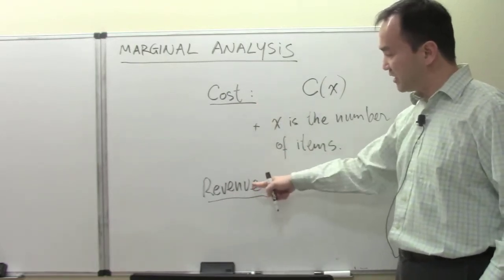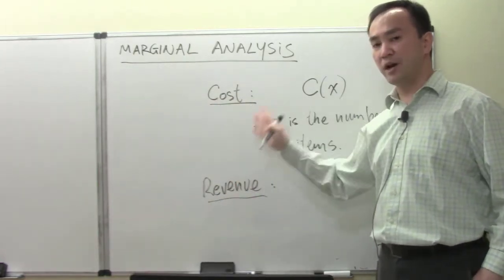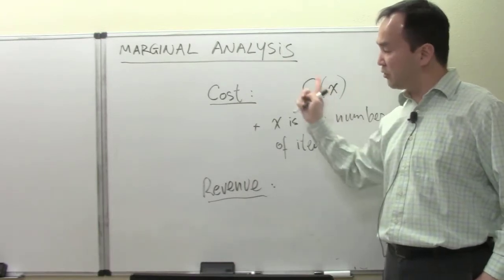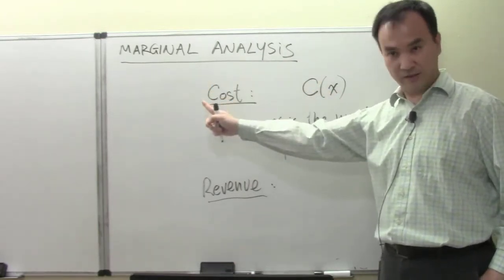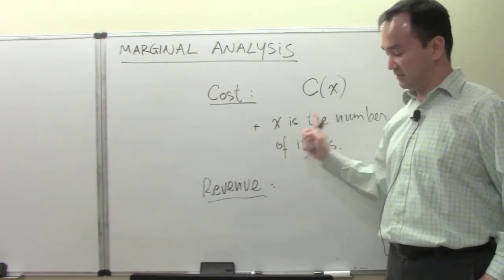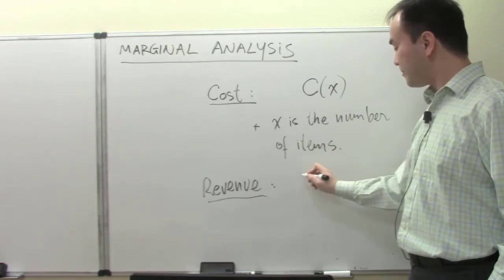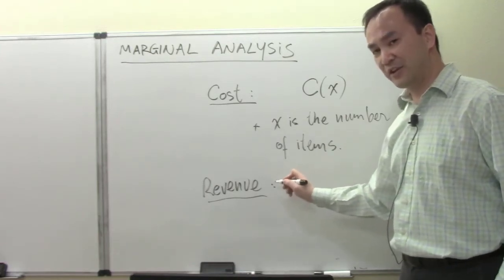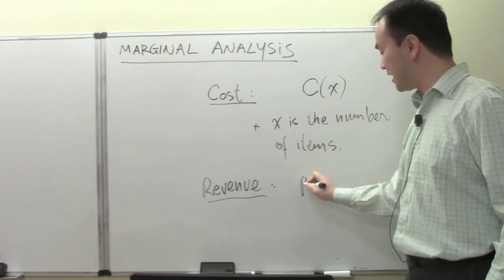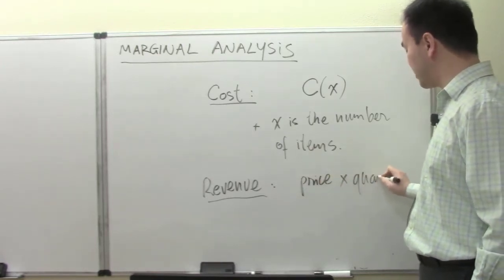So revenue is how much you earn by selling away all of these products that you've made. You spend your own expenses, that's called cost, to make the products, and then you sell them away. Revenue is fundamentally the price multiplied with the quantity that you're selling away.